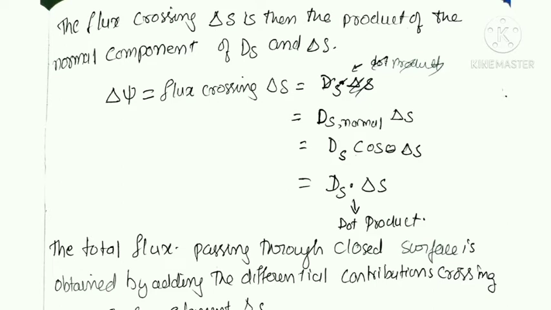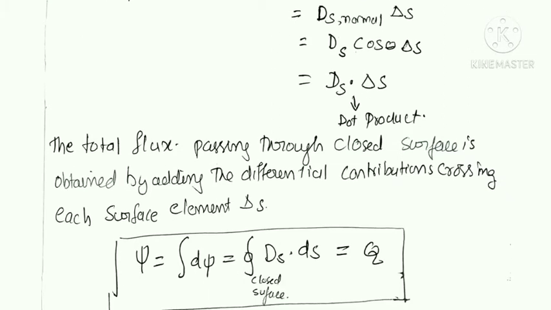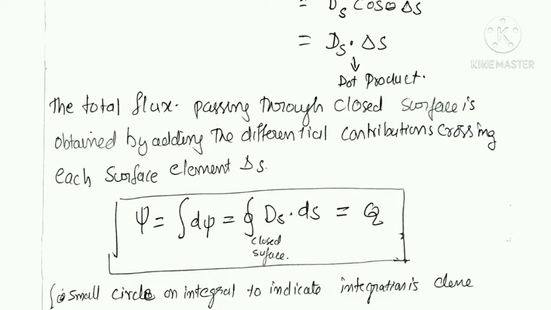If I want to take the entire sphere or entire object, I have to consider the complete surface area. In order to take the complete surface area, I have to integrate; we have to add all the differential surface areas into a complete surface area. So psi is equal to the integral of d psi.